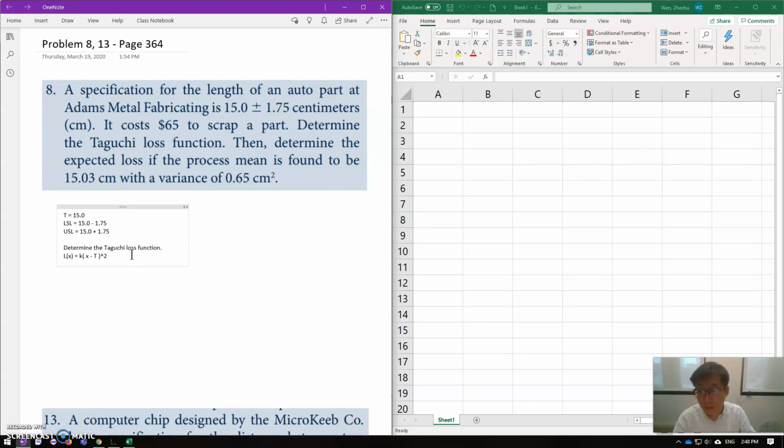So let's take a look. It's telling us it will incur $65 with k, if you are deviating from the target to the spec limit of 1.75.